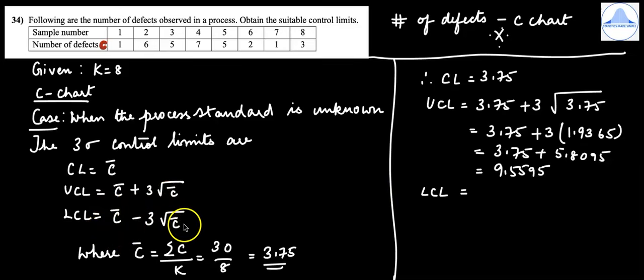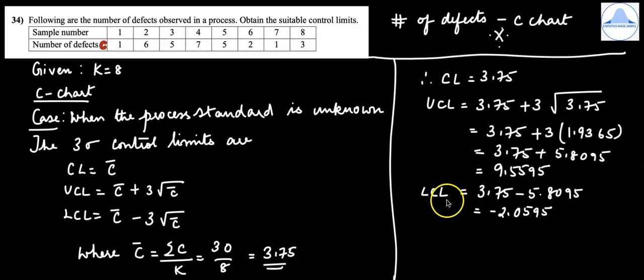Similarly, for LCL the only change will be if we substitute C bar minus 3 times root C bar, you will get this step with the negative sign. So it is 3.75 minus 5.8095, which is equal to minus 2.0595. But LCL cannot be negative, that is, the number of defects cannot be negative.